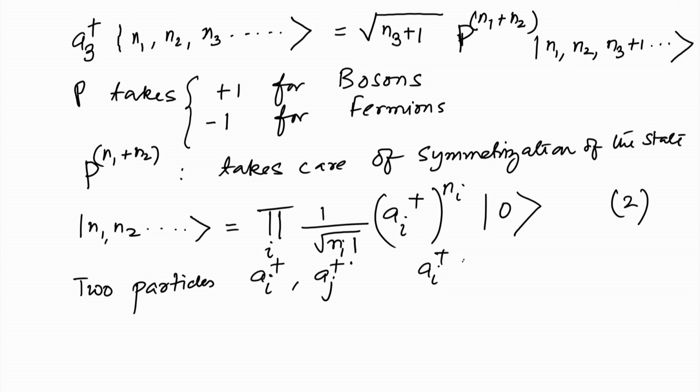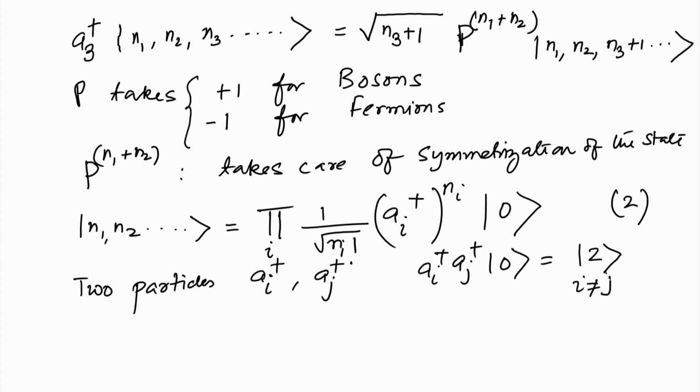So, A i dagger and A j dagger acting on vacuum gives me the state which is what I want to consider. Let us call it just a two particle state. Okay. And let us look at the commutation relation of these two particles, and needless to say here that i is not equal to j, because for fermions it is anyway forbidden to have i equal to j. You can't have two particles being created at the same site.